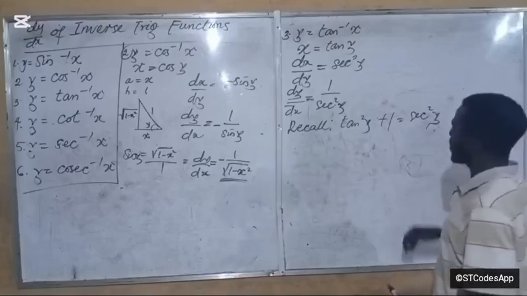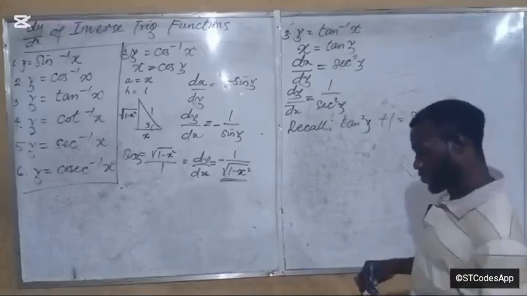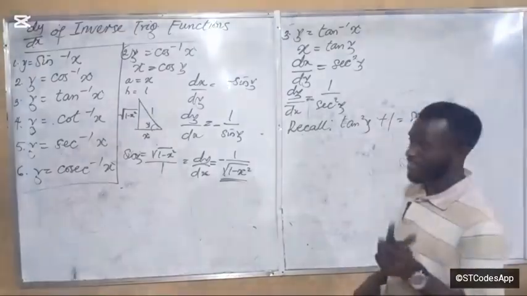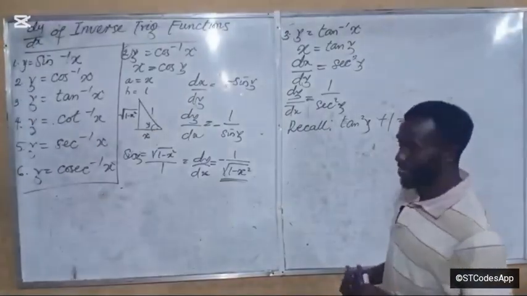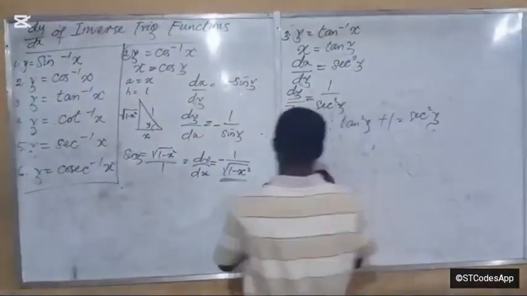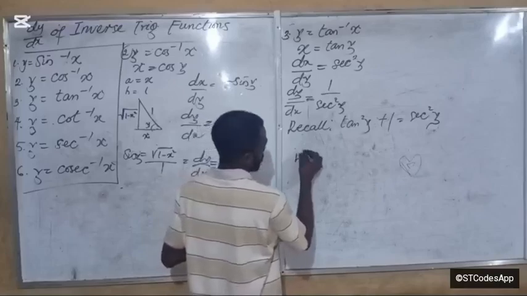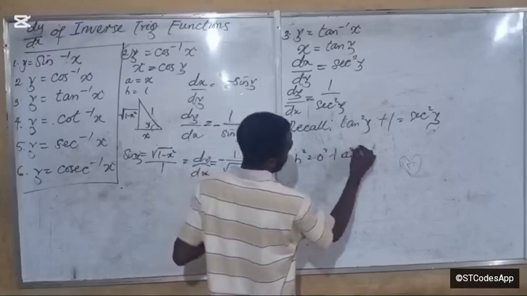So you have to really remember that. Can't even remember now, but it's very simple. Look at how you do it. It's very simple. So simply say h squared is equal to o squared plus a squared.